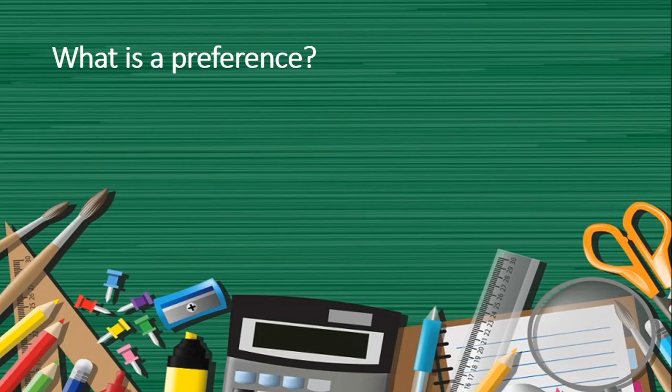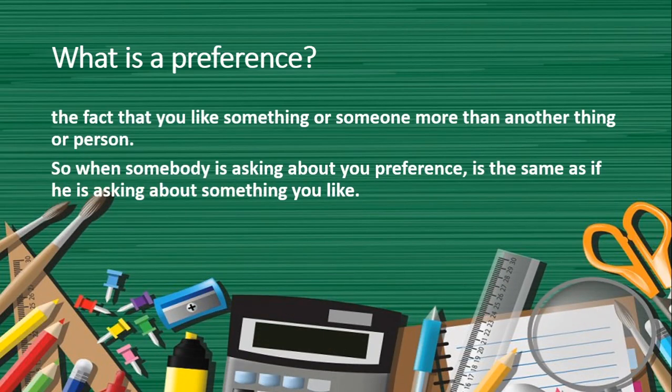So, what is a preference? A preference, first of all, that word is a cognate. If you remember, a cognate is a word that is similar to another word. In this case, preference is a cognate of Spanish because it's similar to the word preferencia in Spanish, right? So, what is a preference?